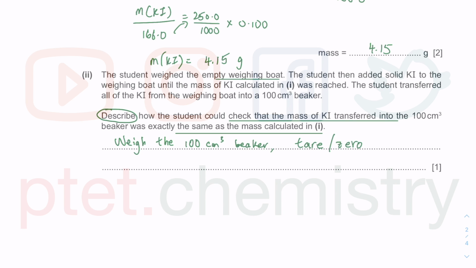There's a button T or press 0 on the mass balance. That will mean that it takes away the mass of the beaker, and then add in the solid from the weighing boat.